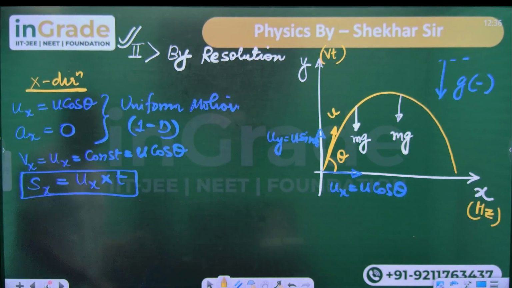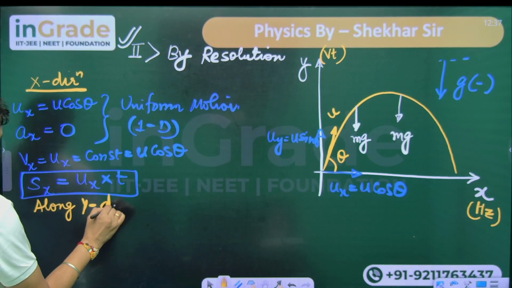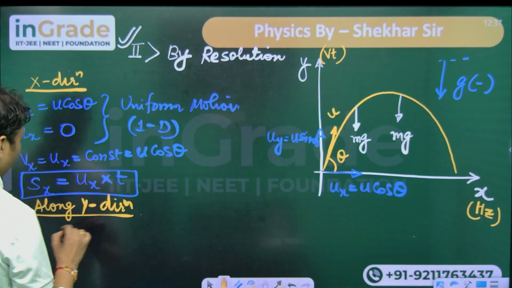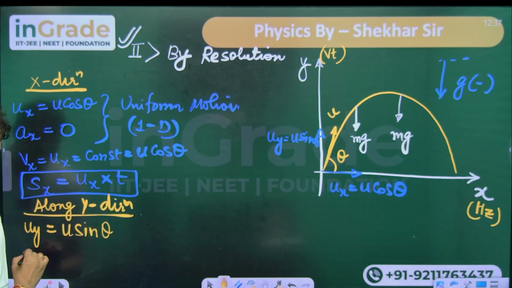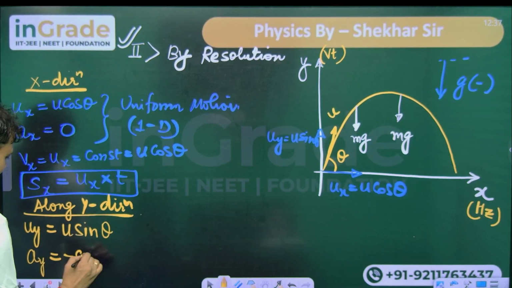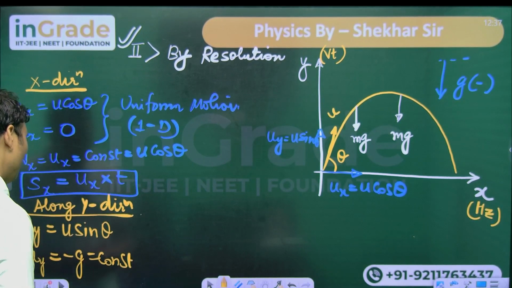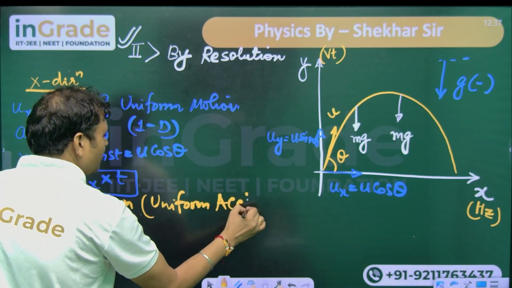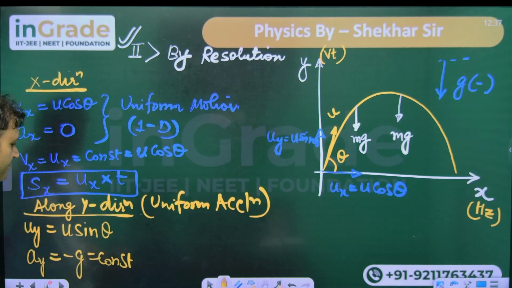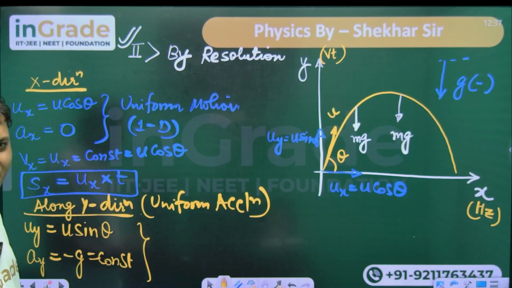Now resolving the motion along y direction, the initial velocity of the particle is u sin theta. Acceleration of the particle is equal to minus g, that is constant. If the acceleration is constant, we can call it uniformly accelerated motion. In y direction, it is uniform acceleration, and if it is uniform acceleration, equations of motion are easily applicable.